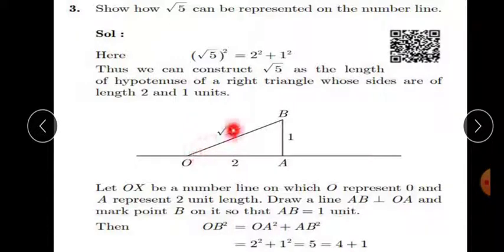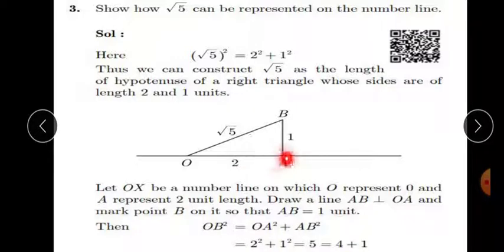Now based on the Pythagoras theorem, the value of OB will be how much? Root 5. So I will write: let OX be a number line on which O represents 0 and A represents 2 units. Suppose OX is a number line where O is 0, and if you measure from here it should be 2 centimeter.